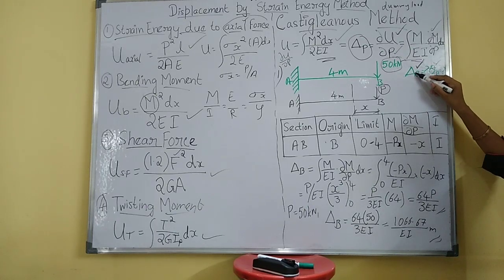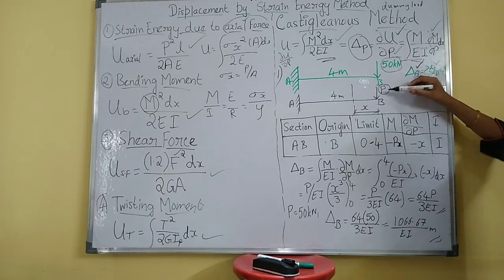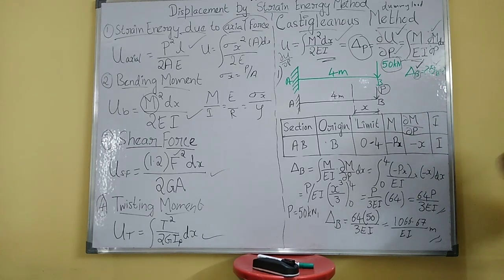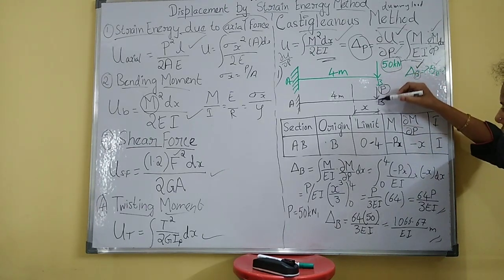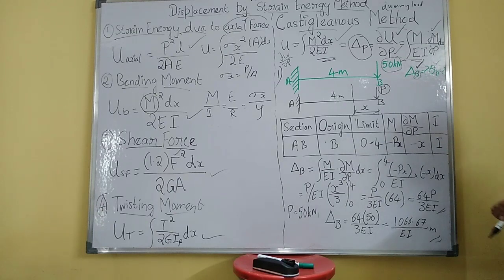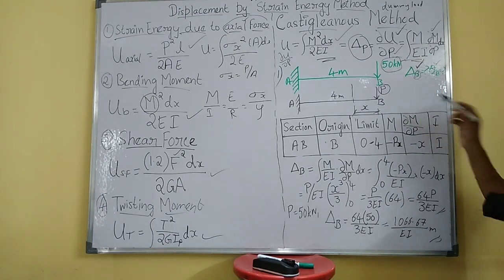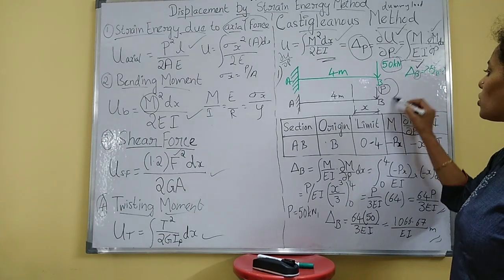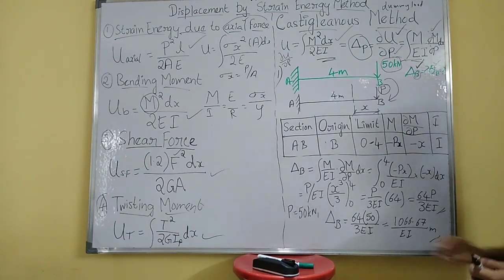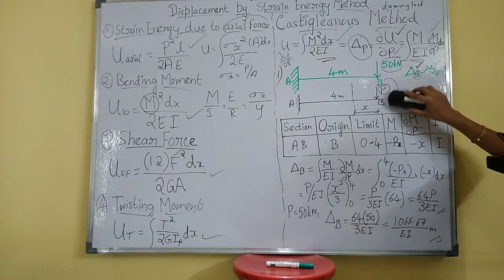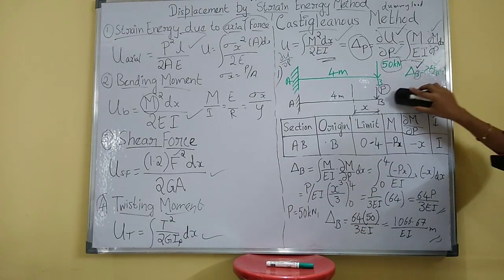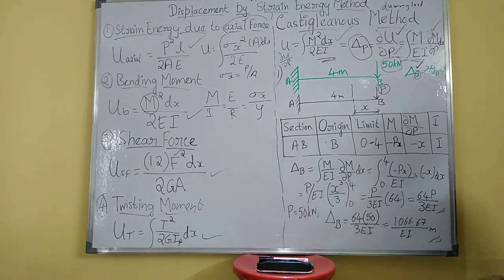Since the displacement is asked at point B, replace the load at point B itself, so instead of 50 you just use P. To find theta or slope, you have to consider the rotation as the unknown displacement.